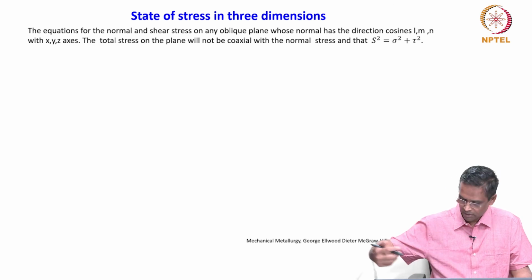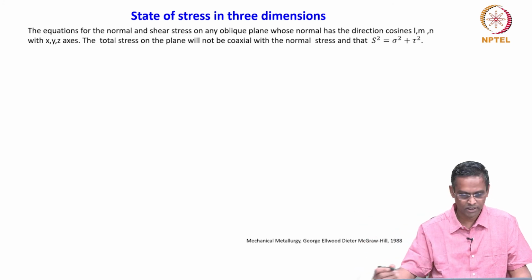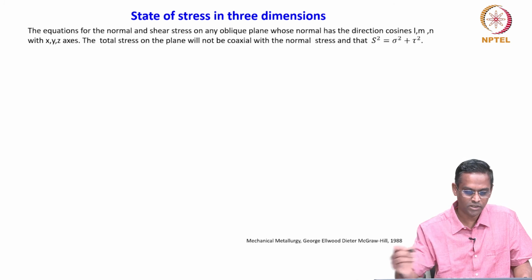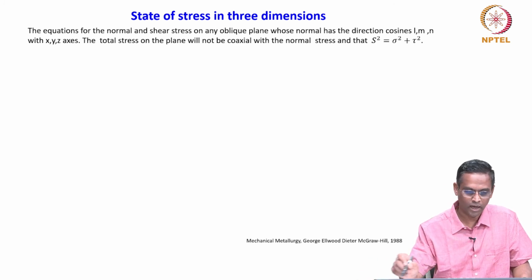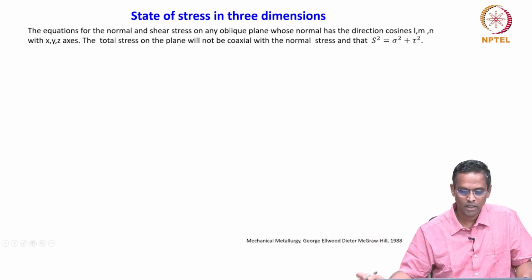What we have seen so far are the normal stresses, the principal stresses, in 3 dimensions. Similarly, we can also look at the normal and shear stress on any oblique plane whose normal has direction cosines L, M, N with respect to the x, y, z axes.